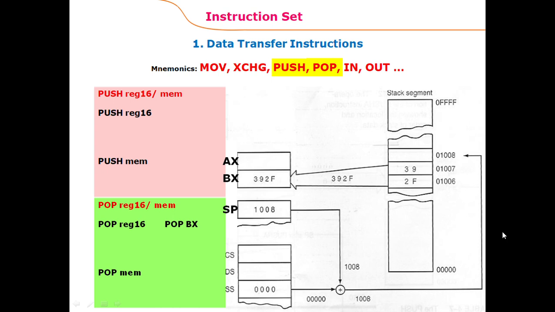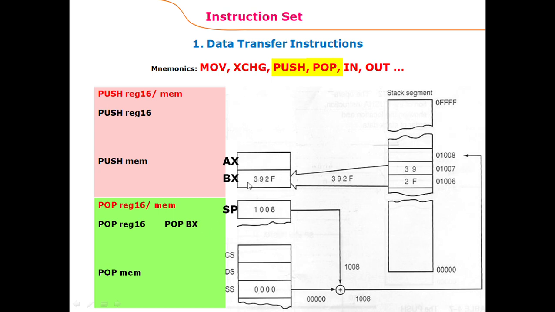As an example, for this case where POP BX is used, the source of the data is not mentioned, but it is implicitly there, using the stack pointer and the stack segment registers. But the destination of data is the 16-bit register BX. So this is the state of the memory stack segment and some of these registers after executing the POP BX instruction.